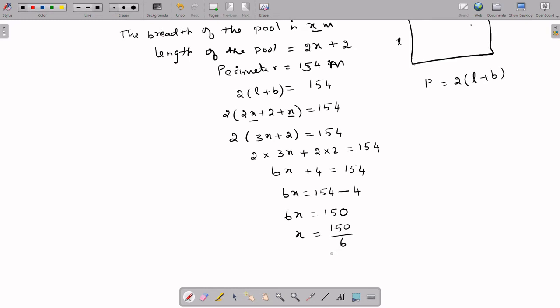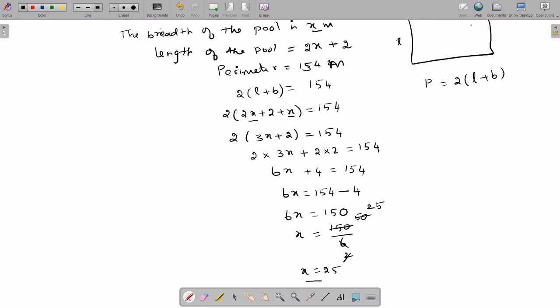150 divided by 6. When you take this from the table, 2 times 3 is equal to 6, and 5 times 3 is equal to 15, and this 0 you have to write it, and here 2 times, 2 2s are 4, and balance 1 and 1 is taken with 0, 10, 5 2s are 10, so 25. x is equal to 25.